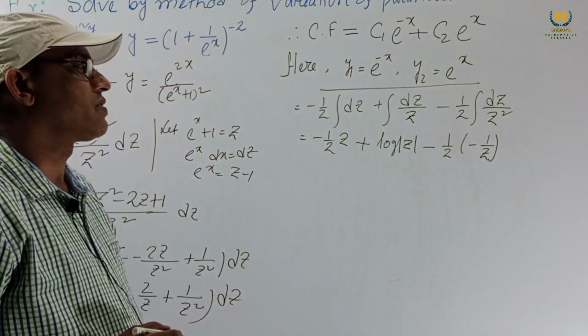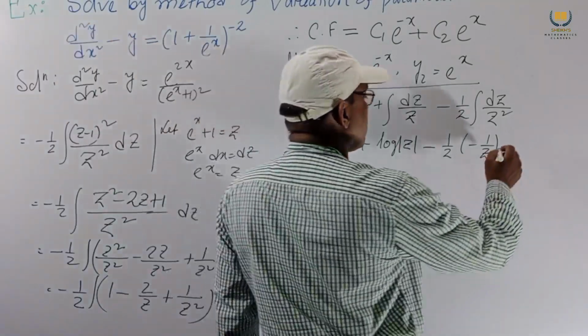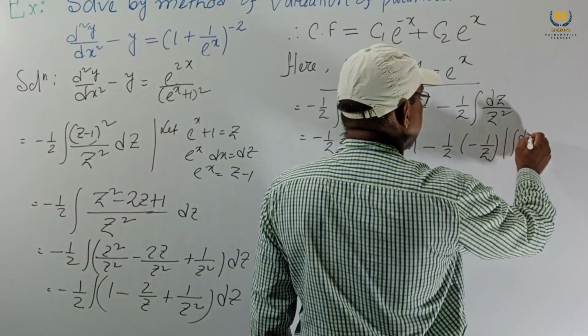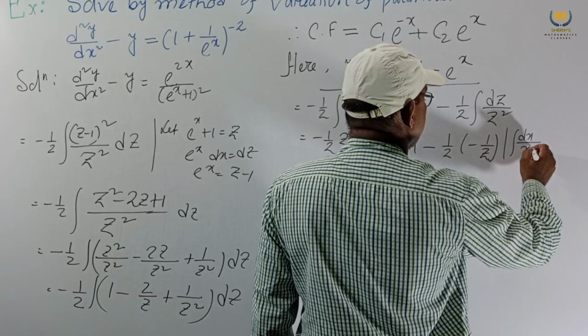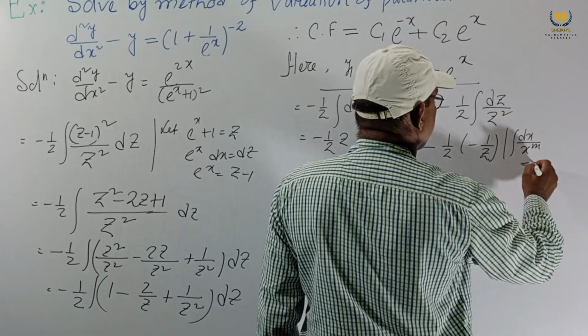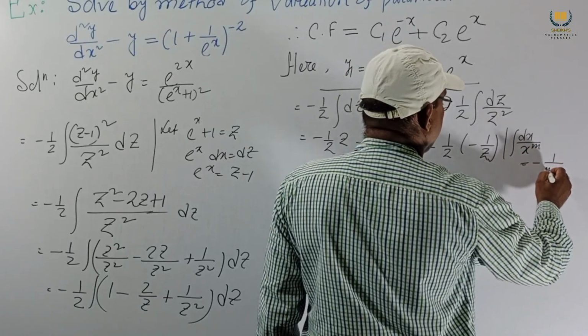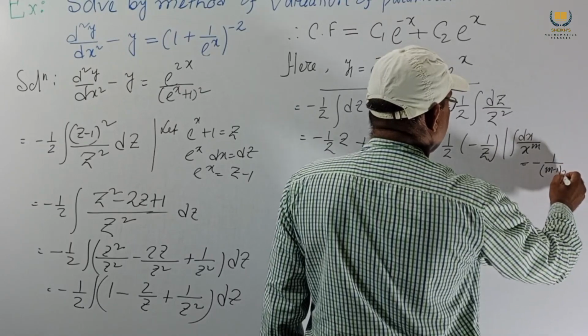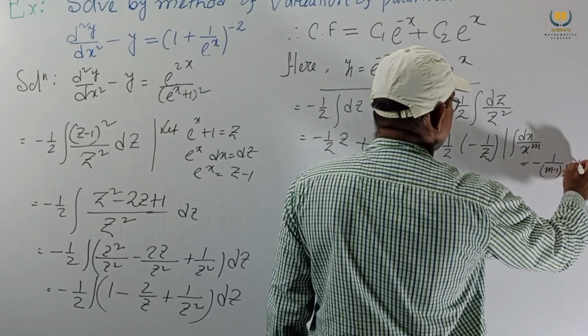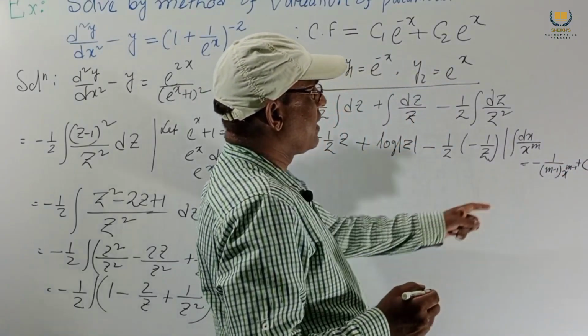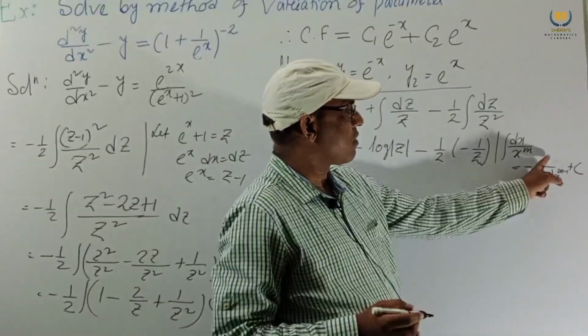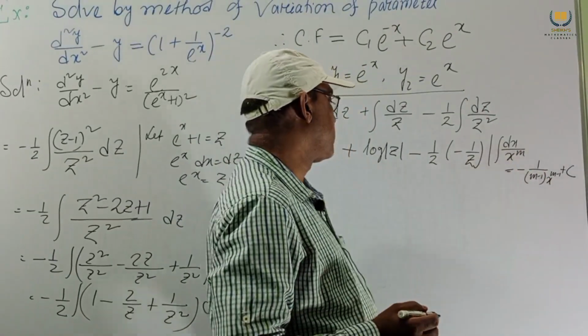And for 1/2, this is −1/z. Integration of dz/z² is, because we know the formula ∫ dx/x^m = −1/((m − 1) x^(m−1)) + c.